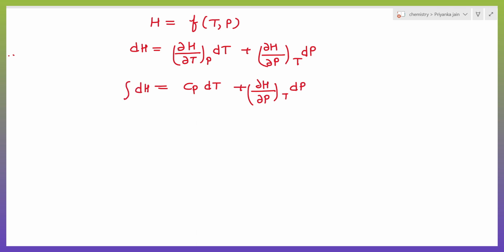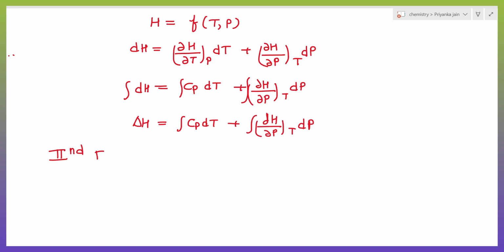Now take its integration. So we get del H is equal to integration of Cp dT plus integration of del H upon del P at constant T dP. As we know from the second equation of state, which you have studied, I told you about this equation in our last lectures.